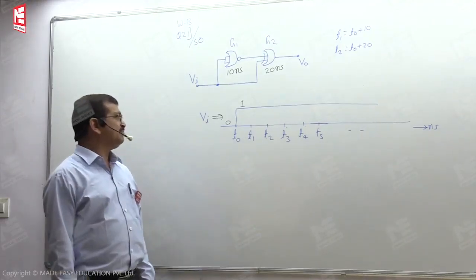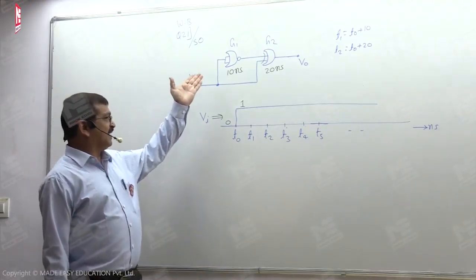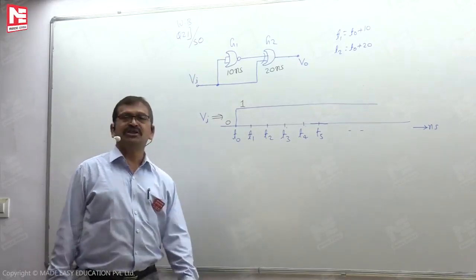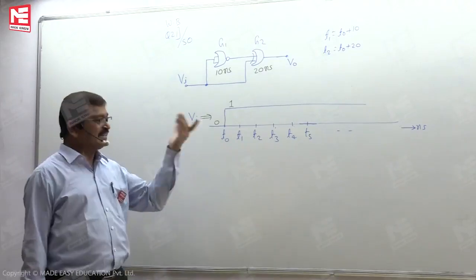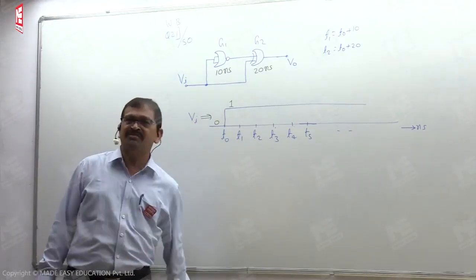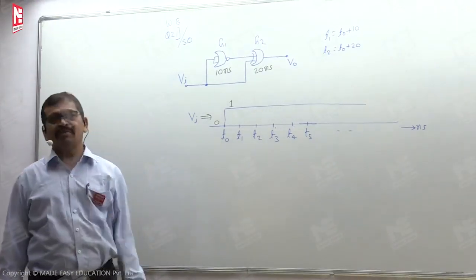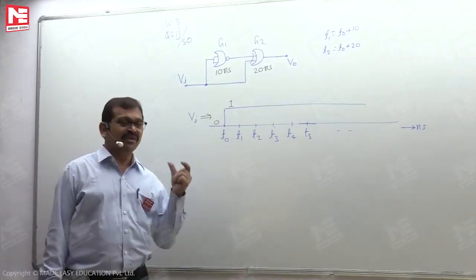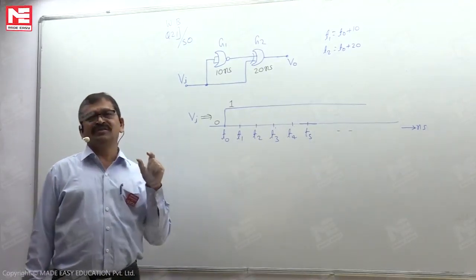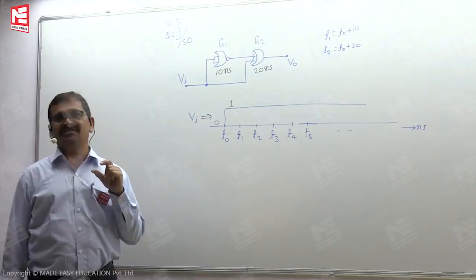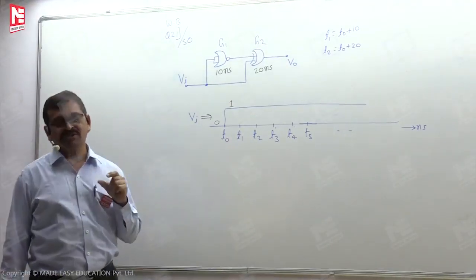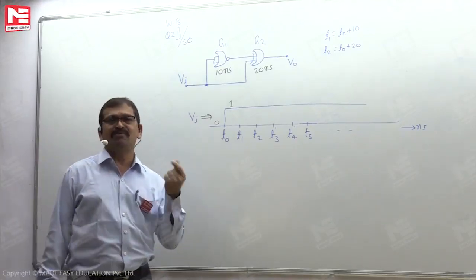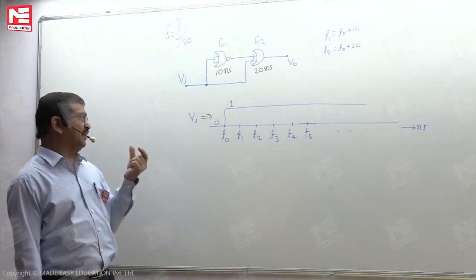And here, the gates G1 and G2 have propagation delays of 10 nanoseconds and 20 nanoseconds respectively. While discussing the previous question, I already mentioned the definition of propagation delay. Whenever we feed the inputs, the device does not respond instantaneously; it responds after a certain amount of time. This amount of time we name the propagation delay.